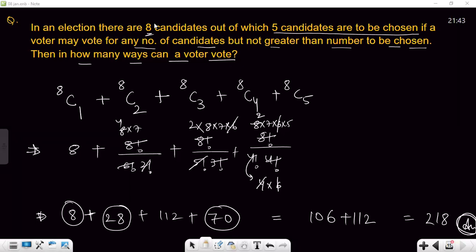Now relate the same formula with the solution written here. Try, no problem. Just at least try.